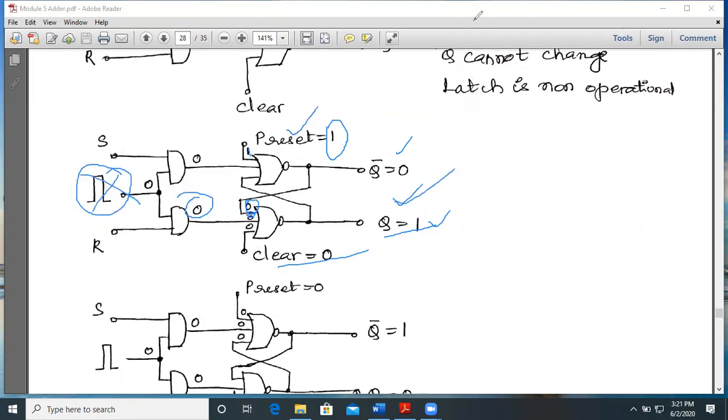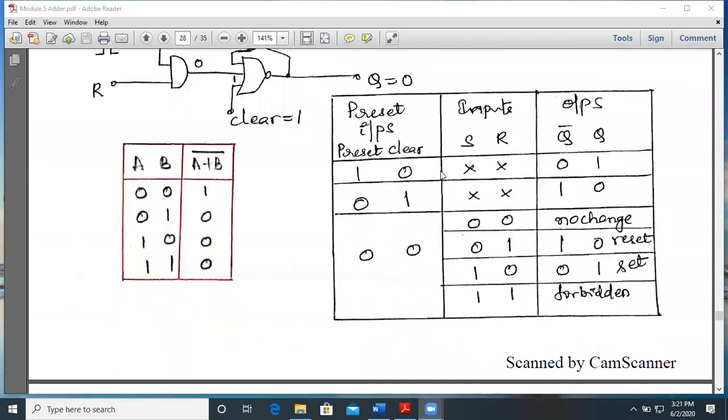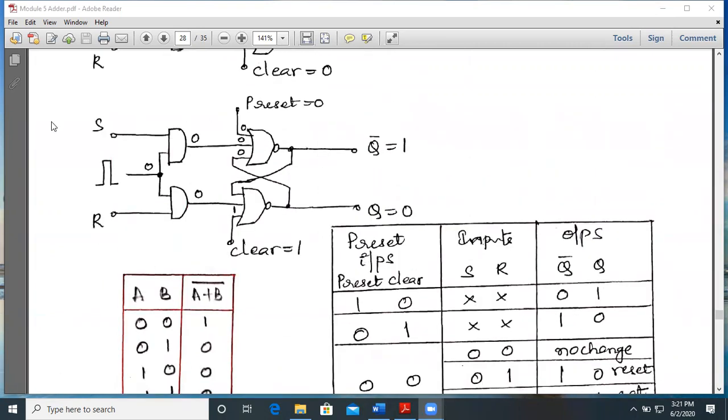That is what is written in the truth table over here. When preset is given 1, irrespective of S and R inputs, we are getting Q as 1. That means when preset is enabled, the output of the flip-flop is Q equal to 1.